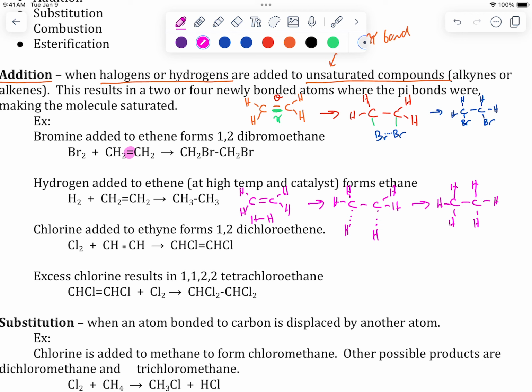So the first process, because I used bromine, this is called bromination. Here, this is hydrogenation, and so on.